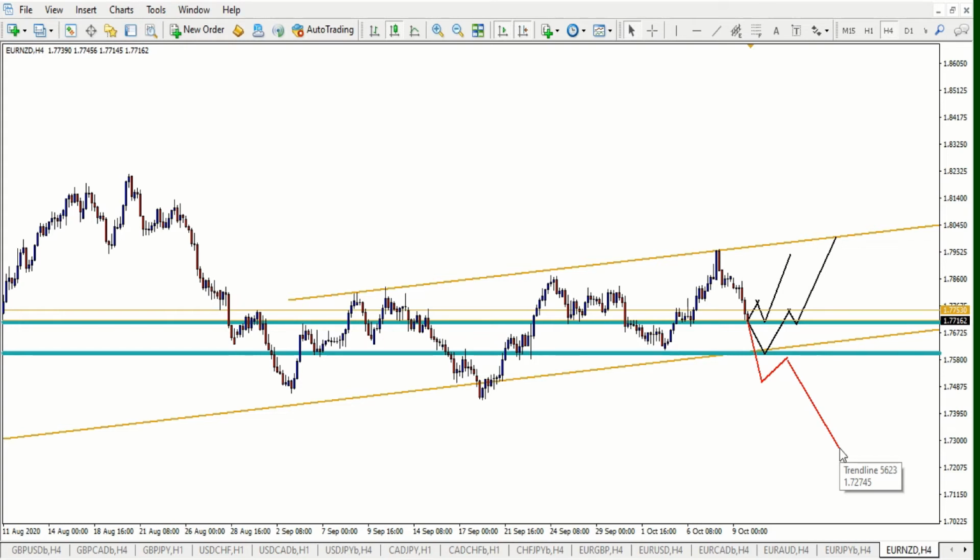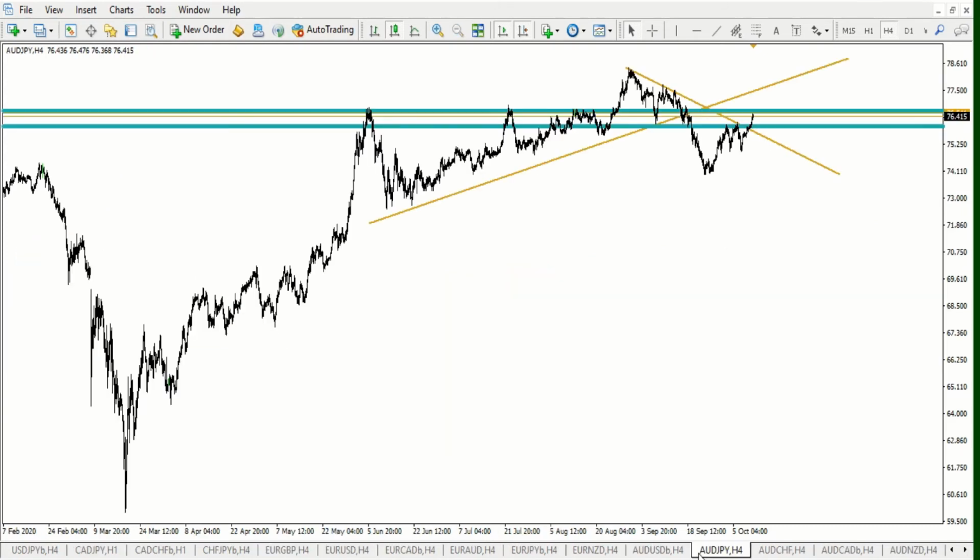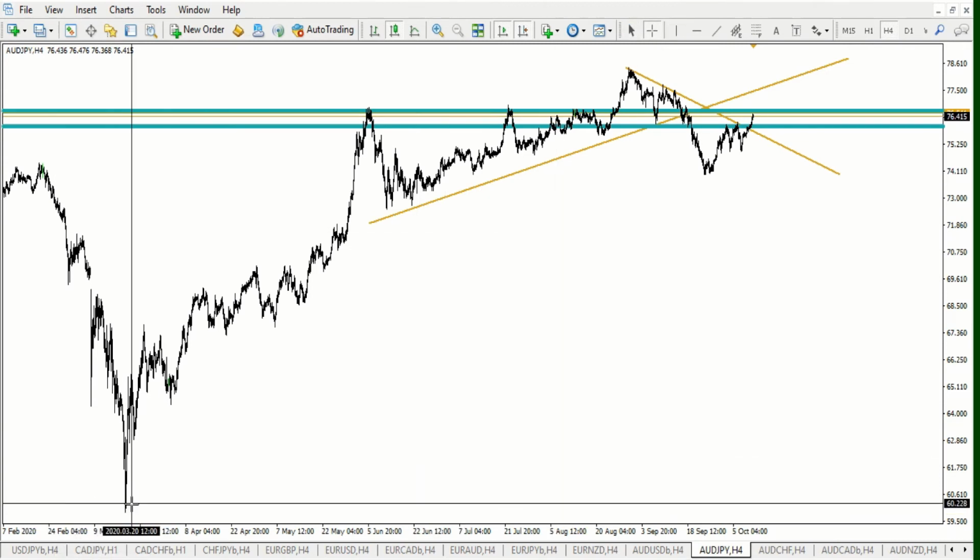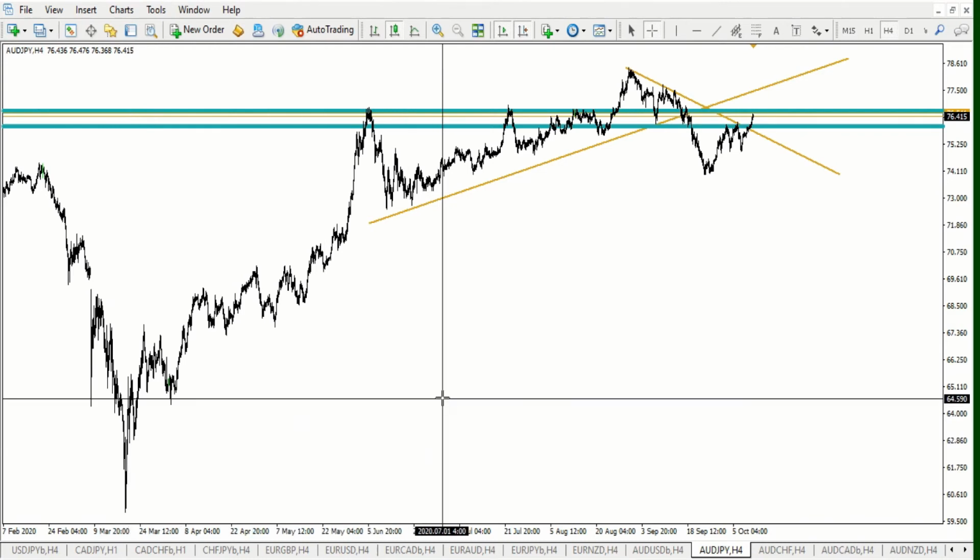And the next trade we'll be looking for is the Australian dollar and the Japanese yen. Okay, so we can see with this trade that it also had bullish pressure. It's been moving up since like March, right?